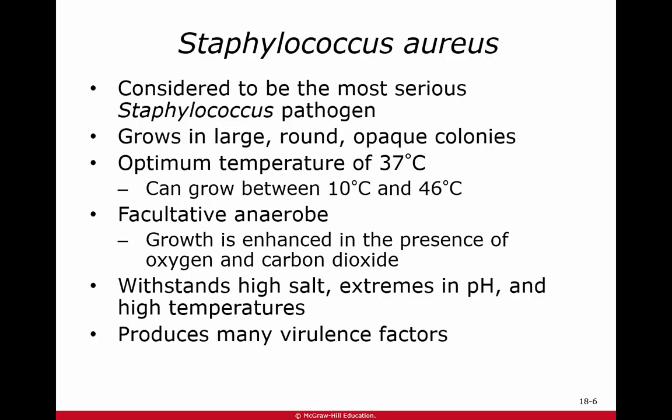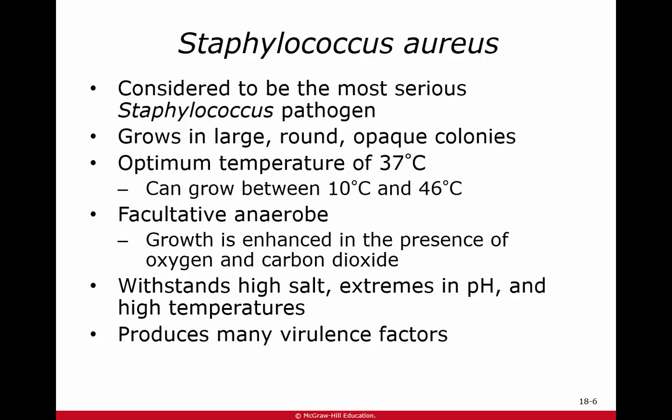Now, looking more specifically at Staphylococcus aureus, this is considered to be the most serious Staphylococcus pathogen. The colonies are large, round, and opaque, and it can grow anywhere between 10 degrees Celsius and 46 degrees Celsius. The optimum temperature is 37 degrees Celsius. It's a facultative anaerobe.